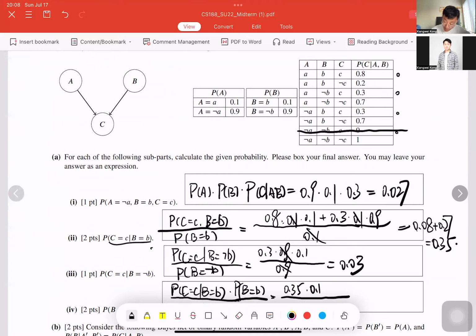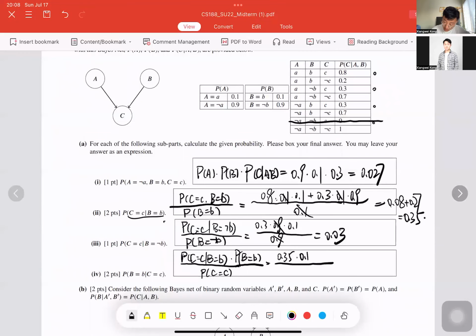So we look at the previous 3 terms and sum over their values: 0.8 times 0.1 times 0.1 plus 0.3 times 0.9 times 0.1 plus 0.3 times 0.1 times 0.9.